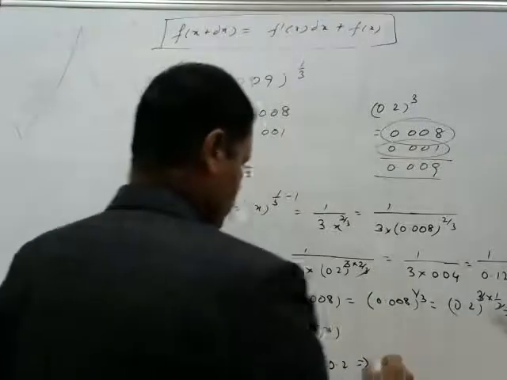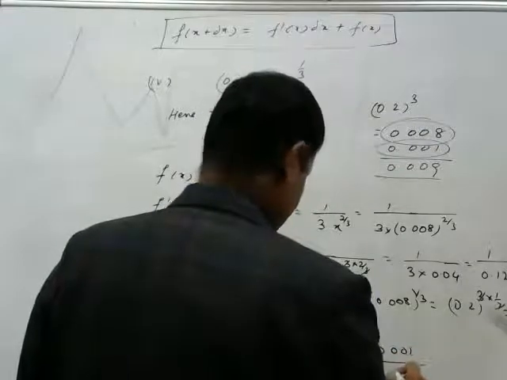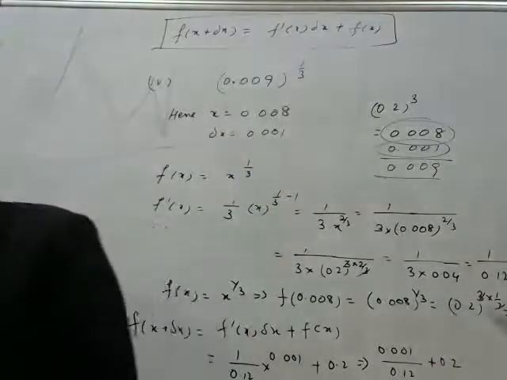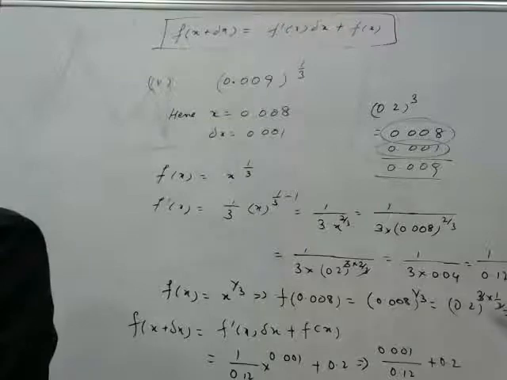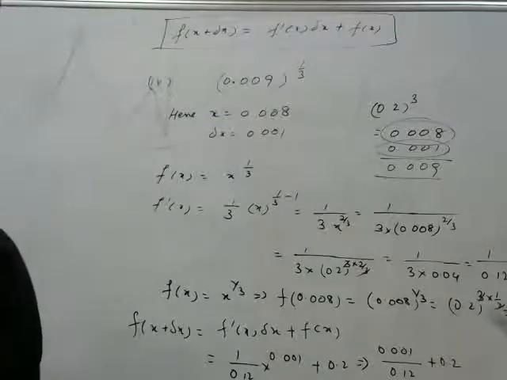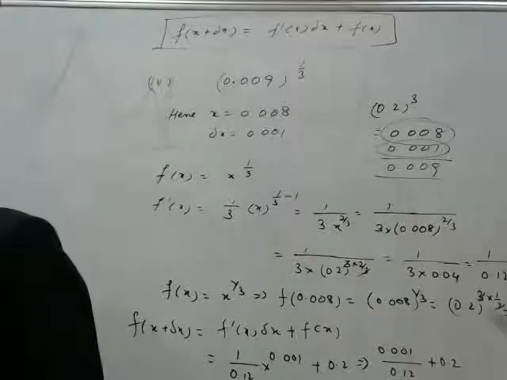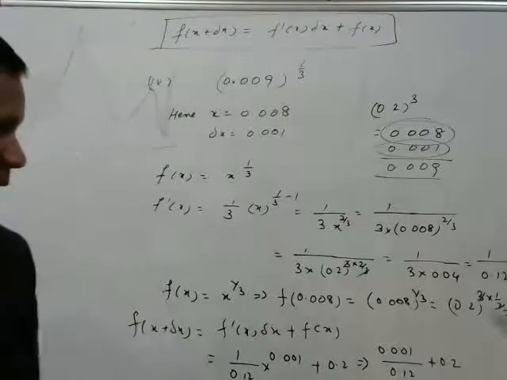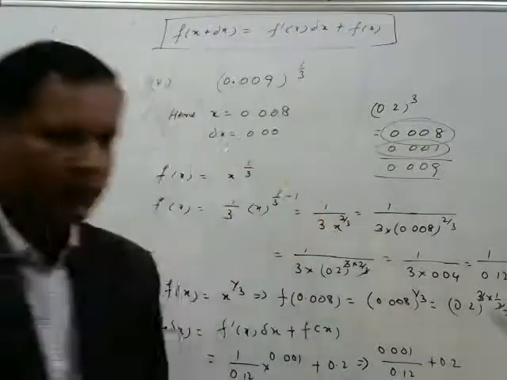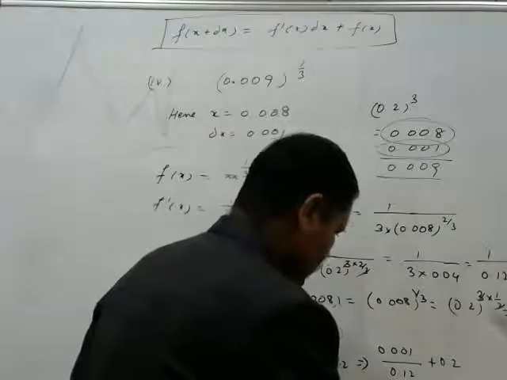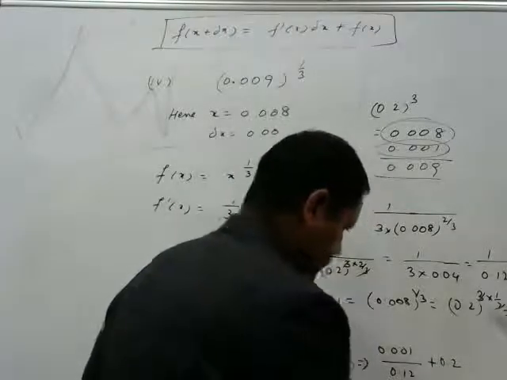It implies that 0.001 by 0.12 plus 0.2. 0.001 upon 0.12, that will give you the value of this 0.0083, plus 0.2, right?